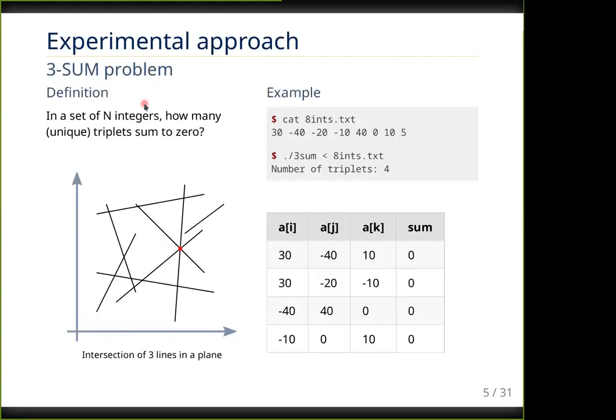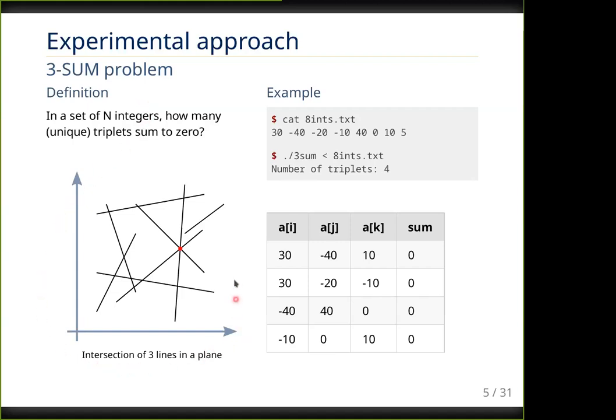For this one, we're going to use a very simple example. The example that I took here is called the threesome problem. It's a classic problem in computational geometry. I added an example here.